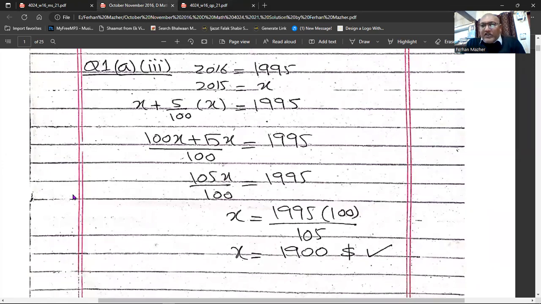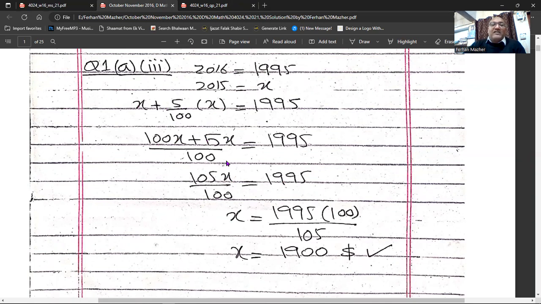So in 2016, the price is 1995. In 2015, the price is X. So this price is 5% more than this price. So X plus 5% of X is equal to 1995. This is reverse percentage. So I will take the LCM here. So you will have 100X plus 5X, the whole thing divided by 100 equals 1995. So it is 105X divided by 100 equals 1995.